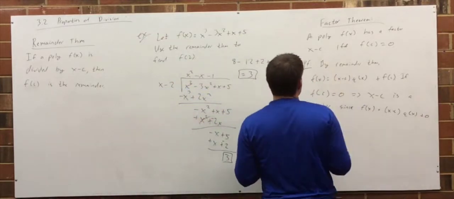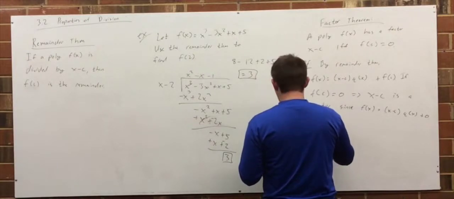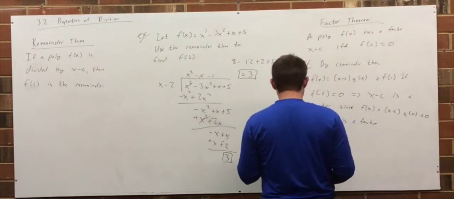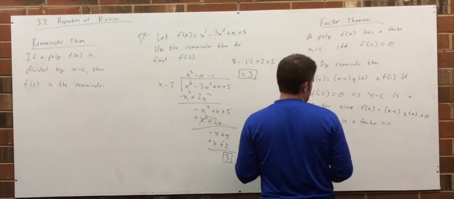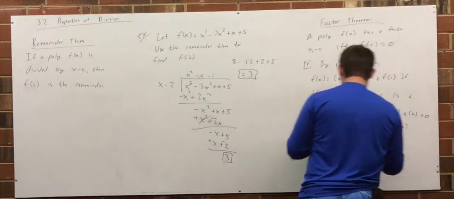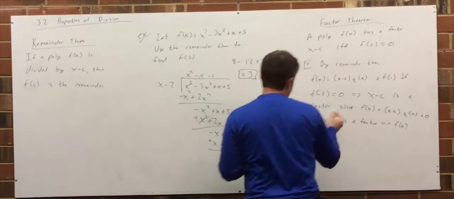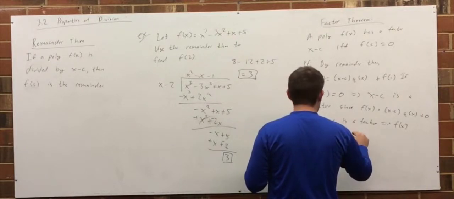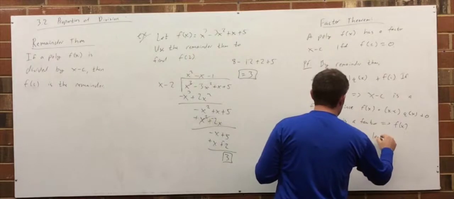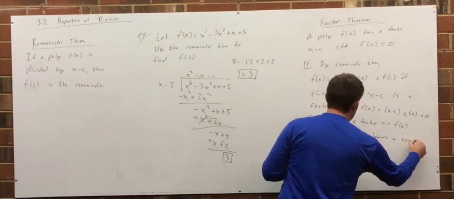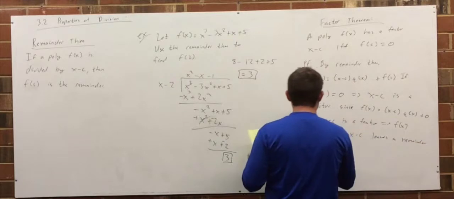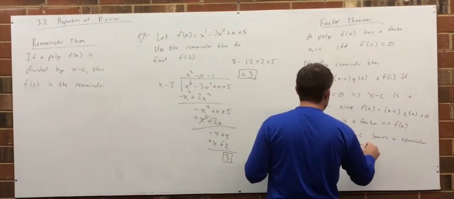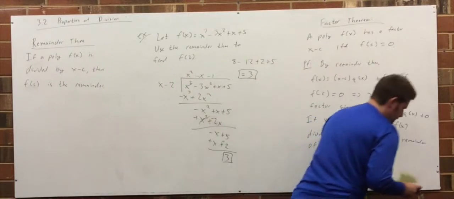Going the other way, because it's an if and only if statement. Assuming x minus c is a factor, this implies that f of x divided by x minus c leaves a remainder of 0, which implies that in fact f of c also equals 0.